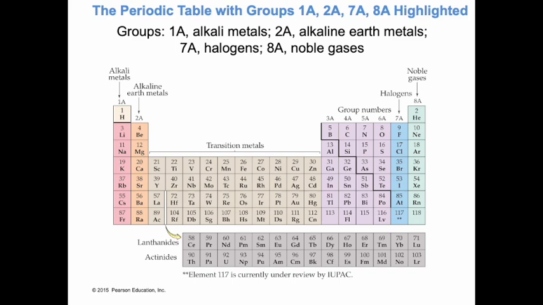But you'll often hear of the halogens. That's group 7A: fluorine, chlorine, bromine, iodine, and astatine. And finally, group 8A, the noble gases: helium, neon, argon, krypton, xenon, and radon.